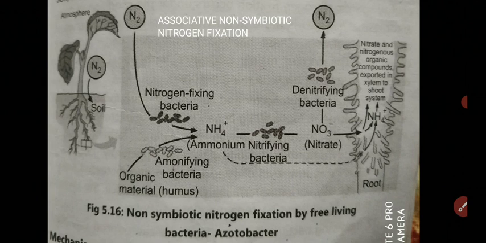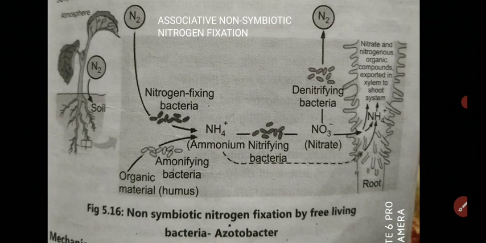And it is estimated that the free living bacteria like blue-green algae add 10 to 25 kilogram nitrogen per hectare per year, and these bacteria fix nitrogen without direct interaction with the plant, as they have their own source of energy. This energy they obtain by oxidizing organic compounds.